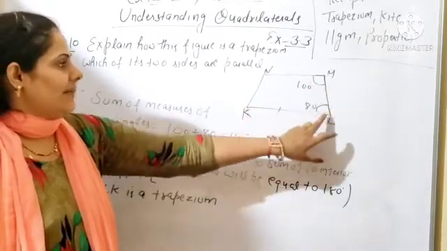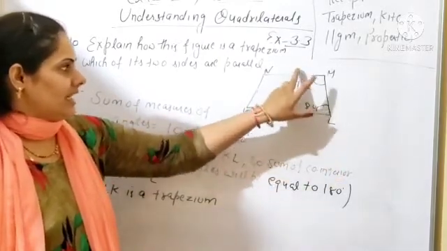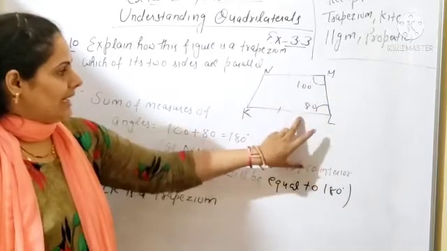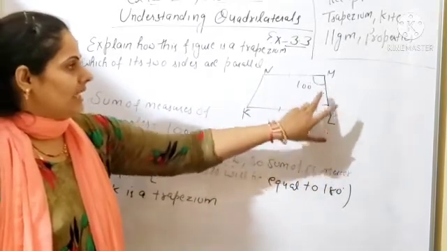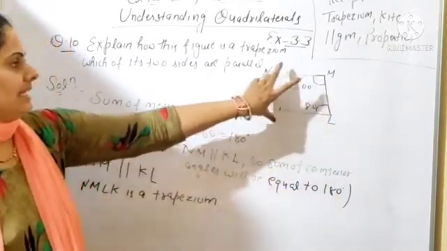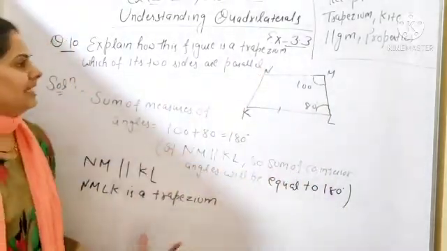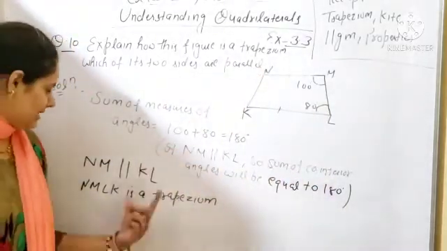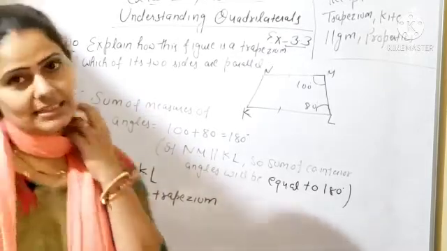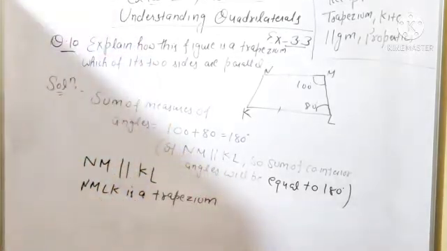So here you can see M and L. If this line is parallel to this line, so sum of these two angles is equal to 180 degree. So you can say yes, both the lines are parallel, and if one pair of opposite side is parallel, so you can say it will be a trapezium. So you can write NMLK is a trapezium.